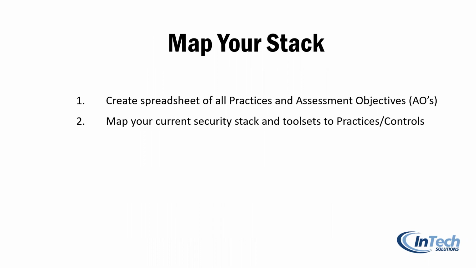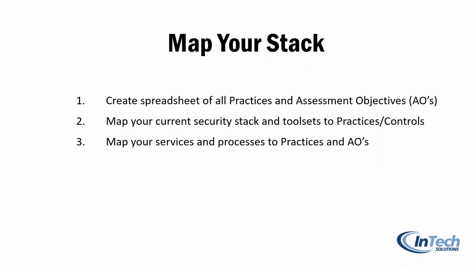Think, what do I have in my current security stack or current tool sets that I'm using that would satisfy the different practices and AOs in CMMC? And then map your services and your processes to those practices and AOs, right? Because, like we talked about before, it's not all security stack and it's not all tool sets.